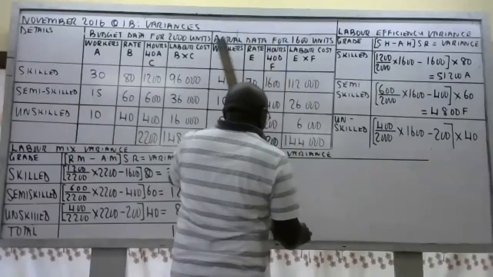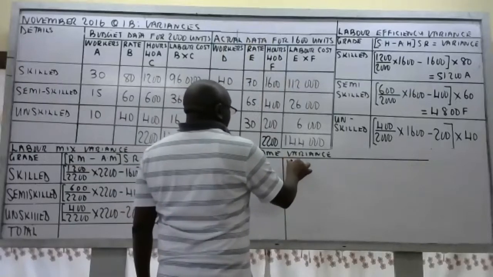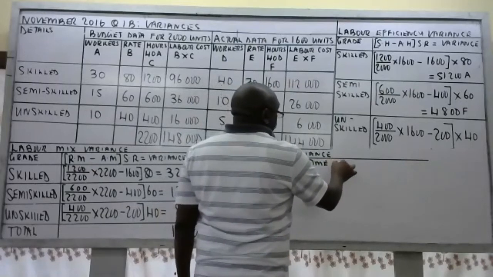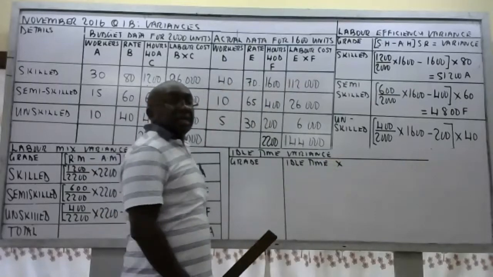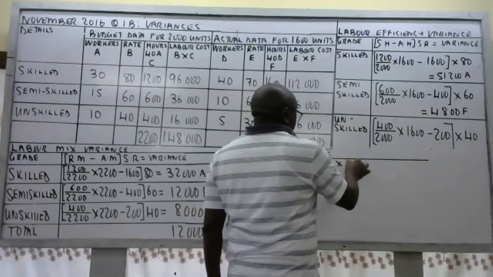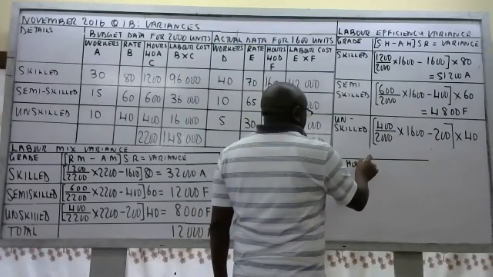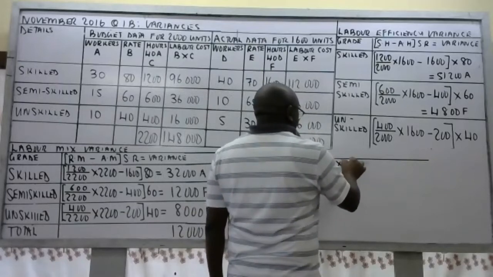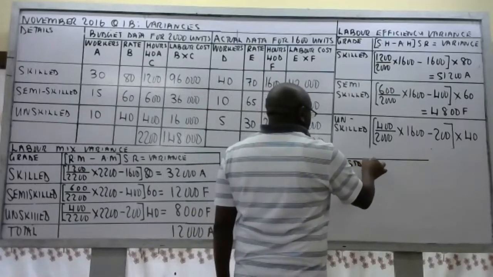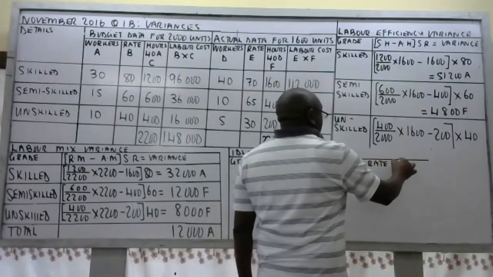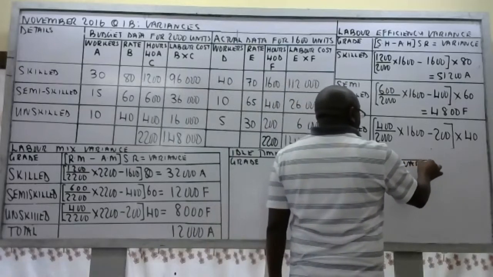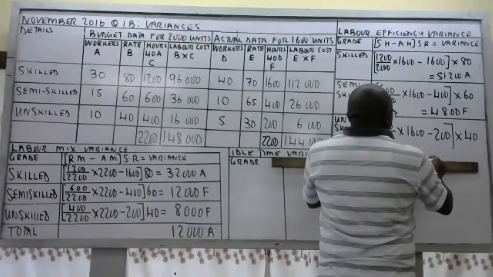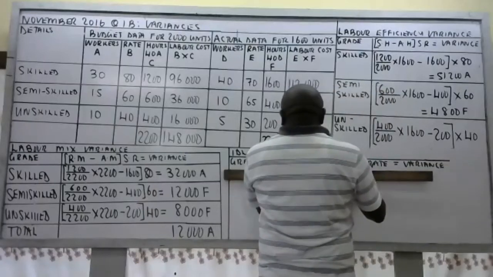And then we will get the idle time, obviously in hours, times the hourly rate. Let me put it, the standard rate. That is the one that will give us the variance.